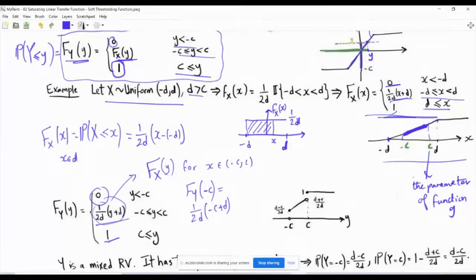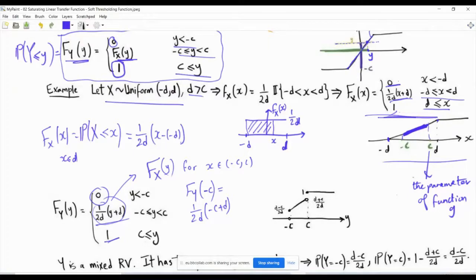So there is a jump here, a possible jump. And then at c, the CDF is 1. But if you go a little bit below c, you put y here equal to c, you get this value here. So you possibly get 2 jumps at minus c and c.